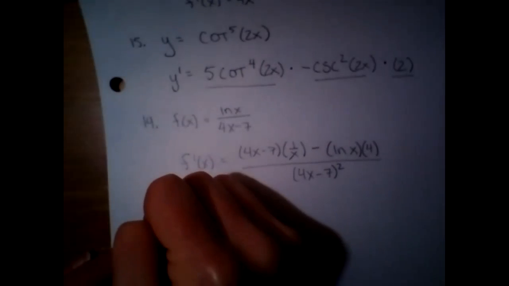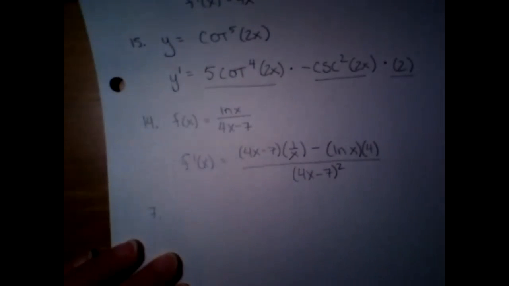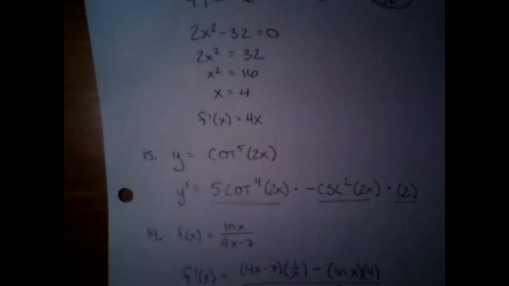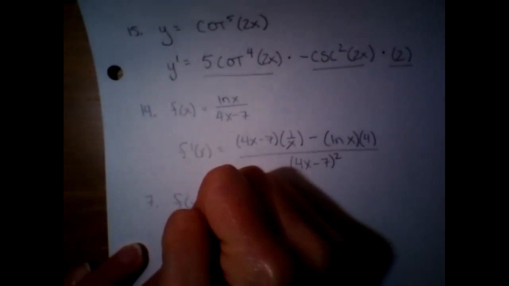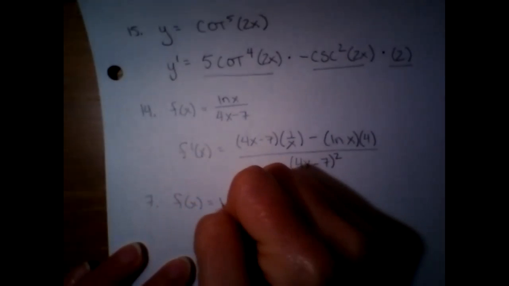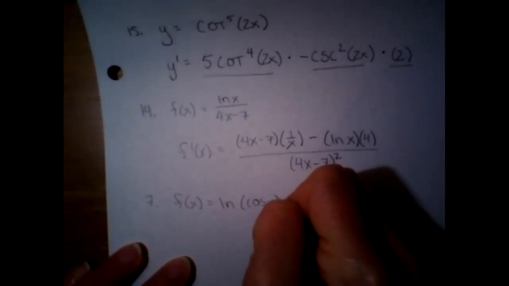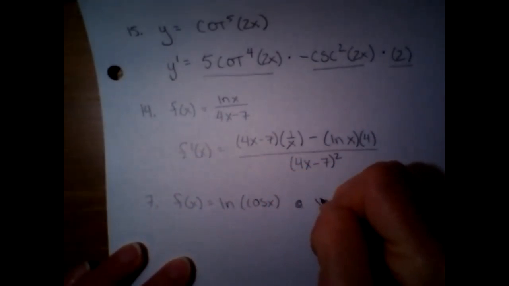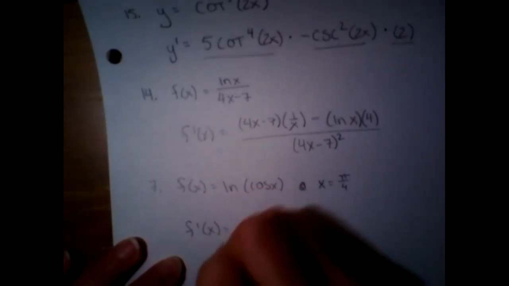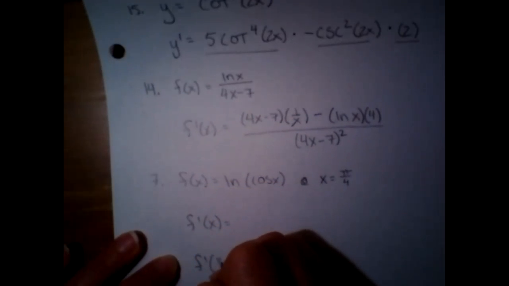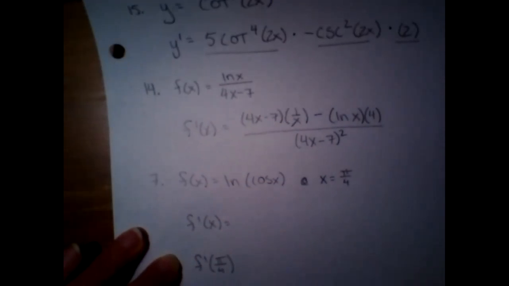All right, number 7. All right, it says find the instantaneous rate of change, and so that means derivative of this function at pi over 4. So we are going to find the derivative, and then we're going to plug in pi over 4.